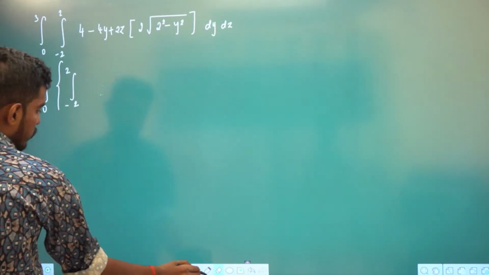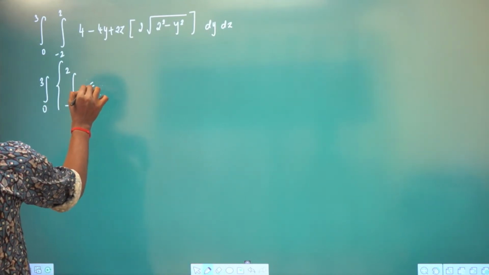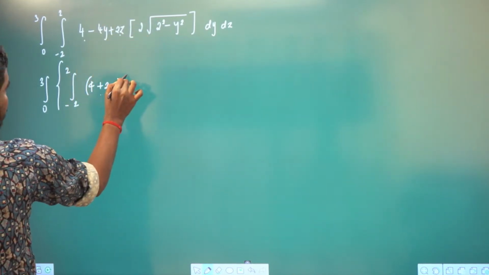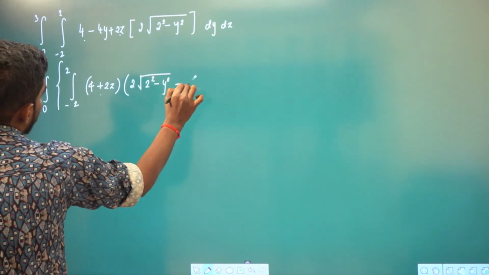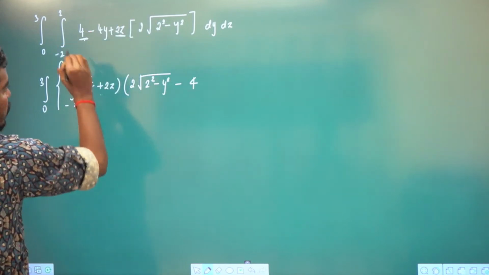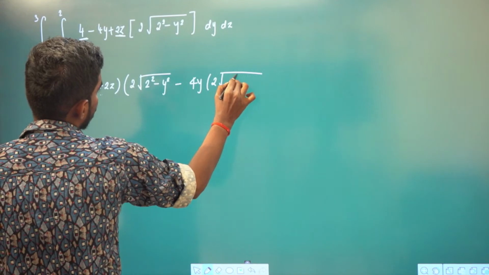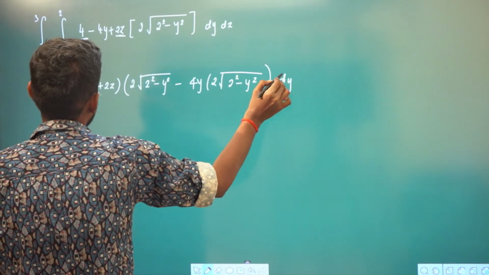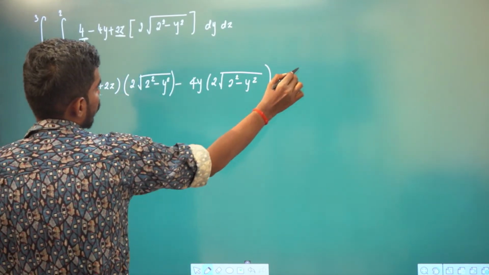Let me write like this. Let us keep this 4 plus 2z, and multiply with 2 into root of 2 square minus y square, and I'm just keeping these two terms and multiplying with this, minus 4y into 2 times root of 2 square minus y square dy, right? We need to integrate with dy followed by dz.